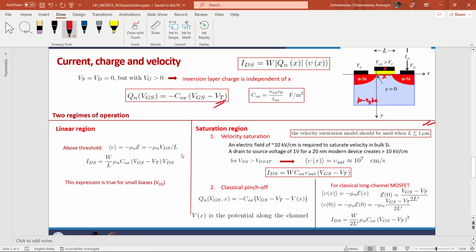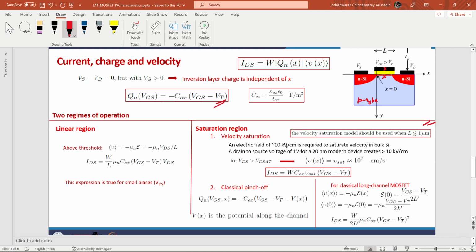So in the linear region, the current IDS is given like this, and of course to be expected, since it is in the linear region, IDS is directly proportional to VDS. So from this you can also develop a notion of channel conductance. I'm leaving it to you to figure out how to calculate the channel conductance for this. There may be questions based on that.